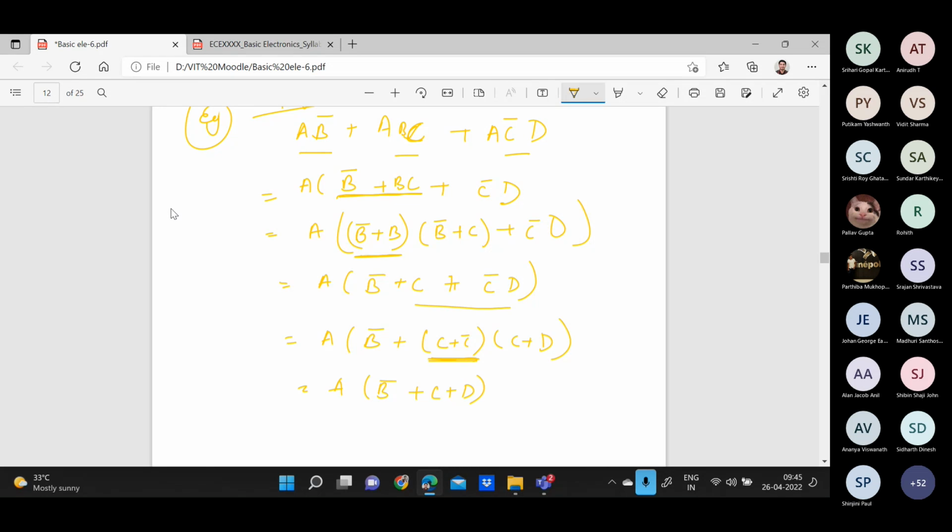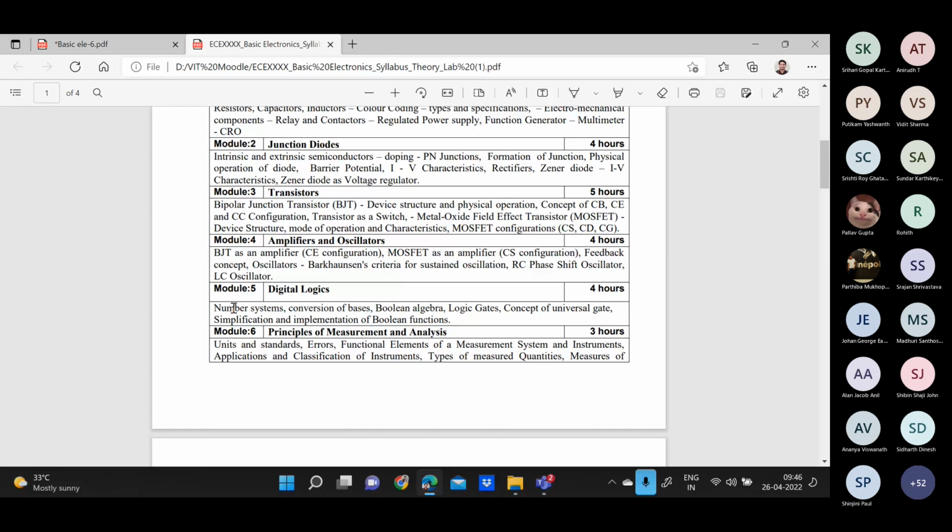Please solve some questions based on simplification. I will give you a digital assignment in your module today, so that you solve it and submit it before the time. That's all for today's lecture. I'm just explaining what we actually saw.